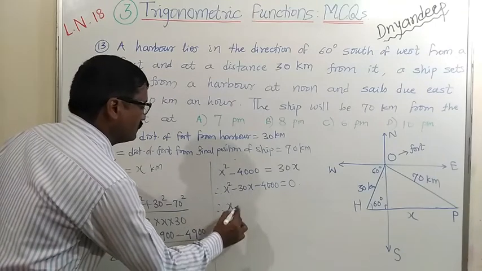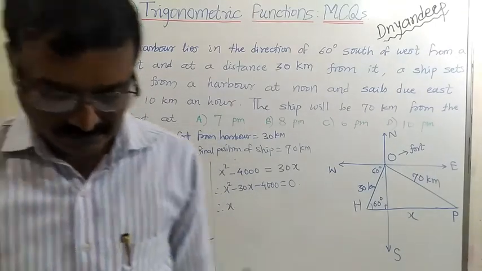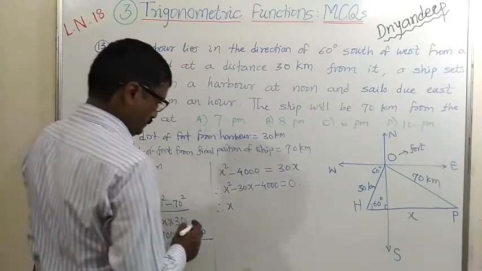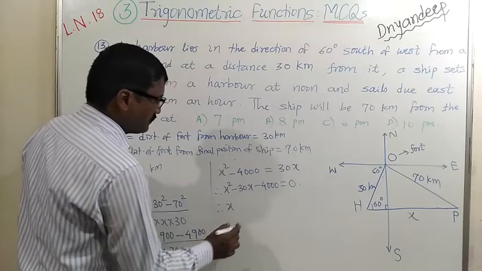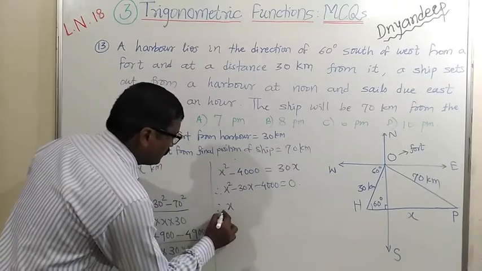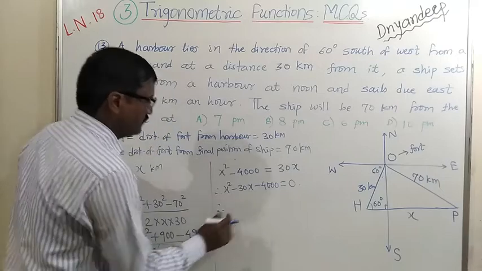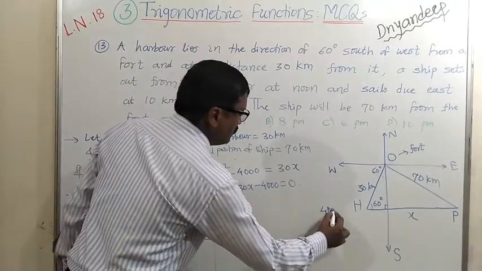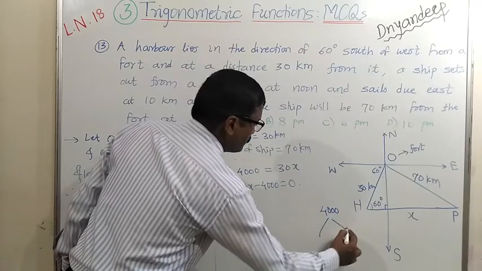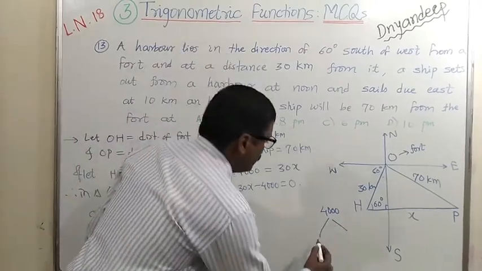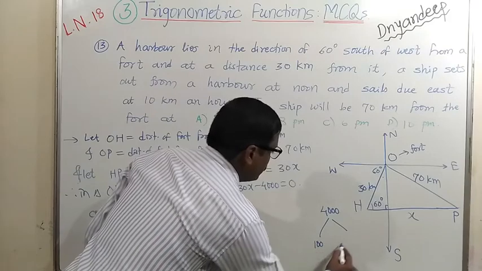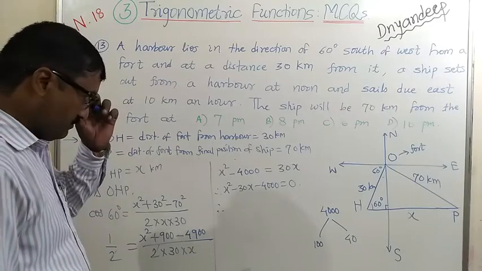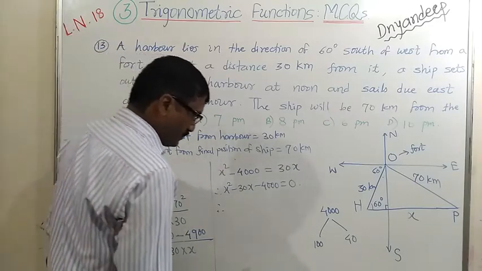Therefore, the factors of 4000 will be 100 into 40, that will be 4000.